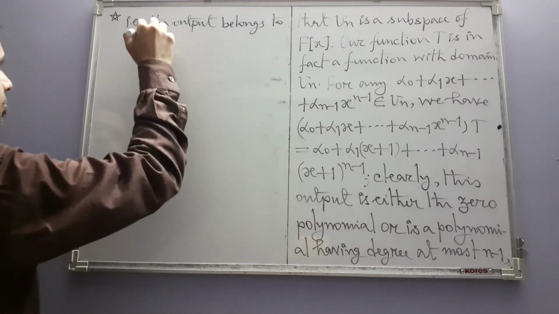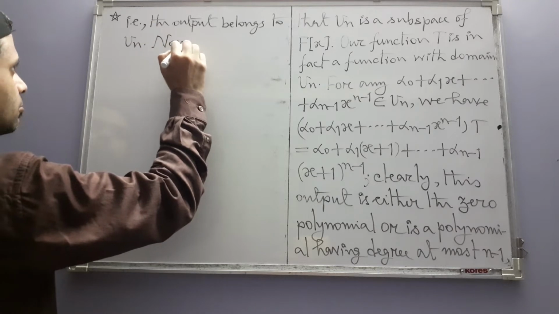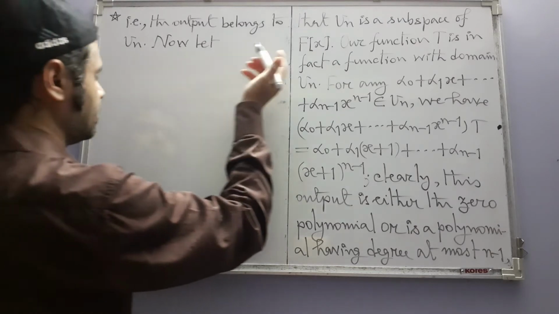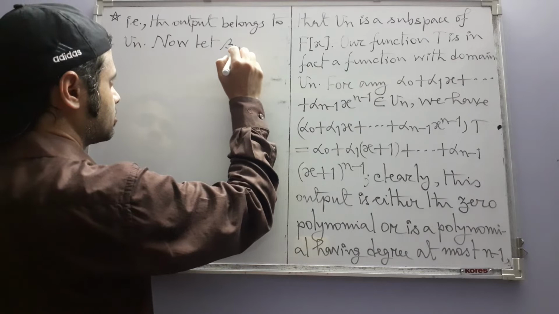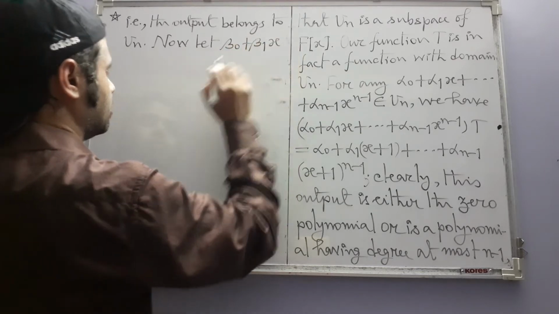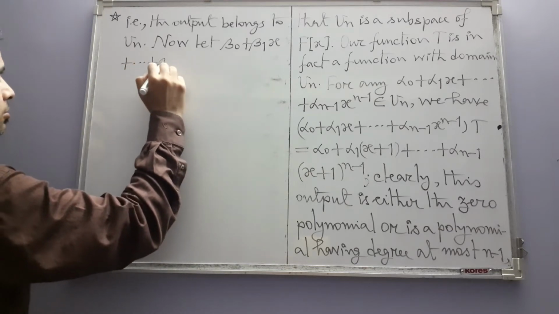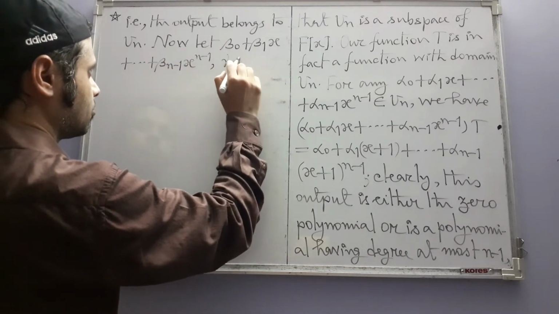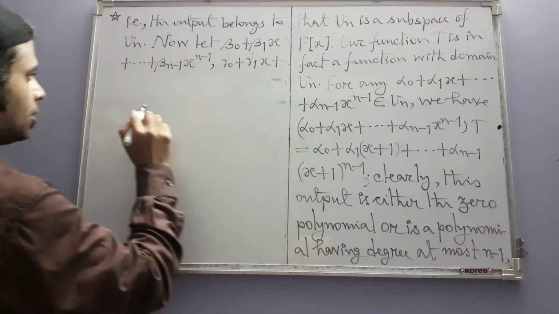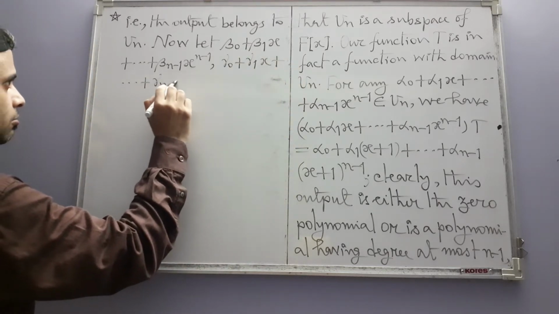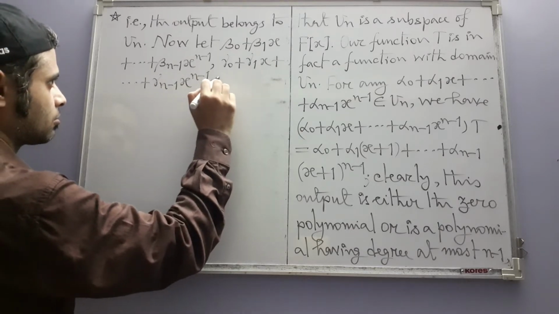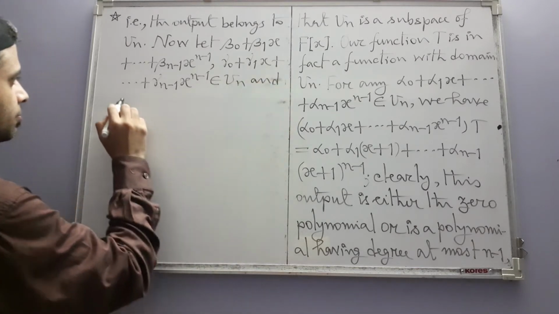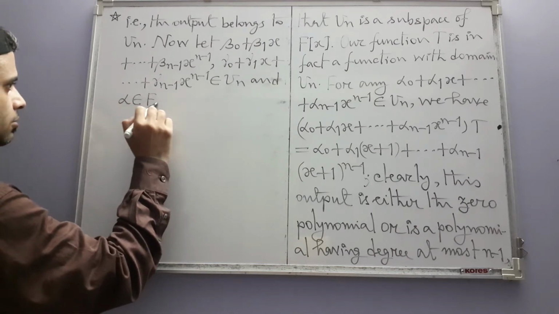So for that, let us continue to write like this: beta naught plus beta 1 x etc. plus beta n minus 1 x to the power n minus 1, plus another polynomial, belong to Un, and say alpha belongs to F.